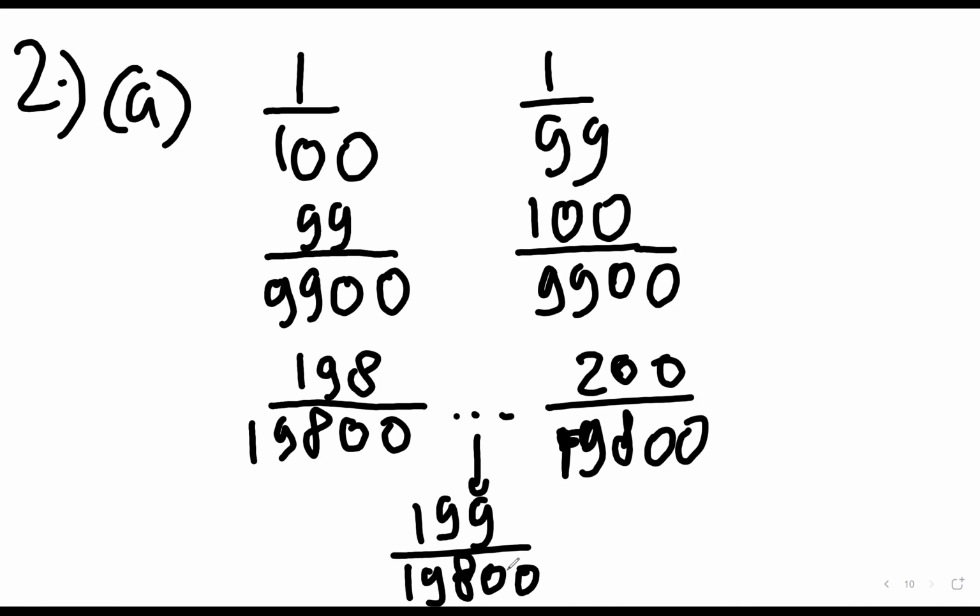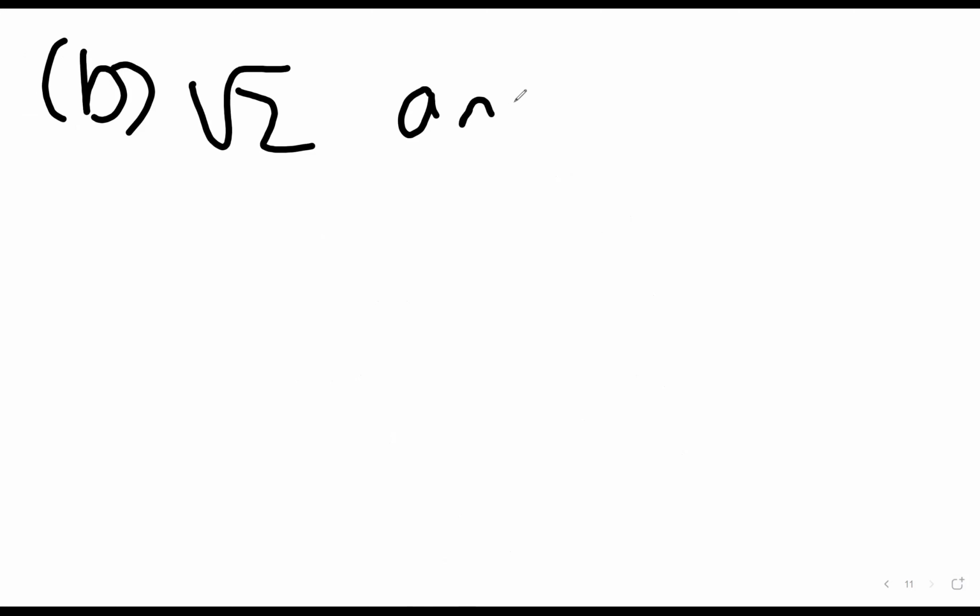As we can see in part B, we have two numbers. The first one is the square root of 2. The second one is 1.41.